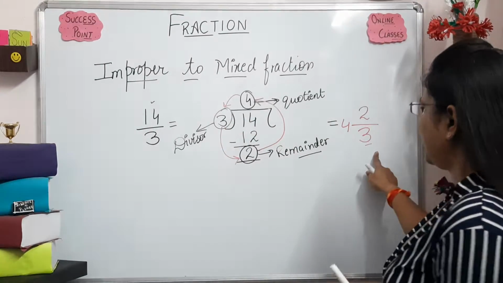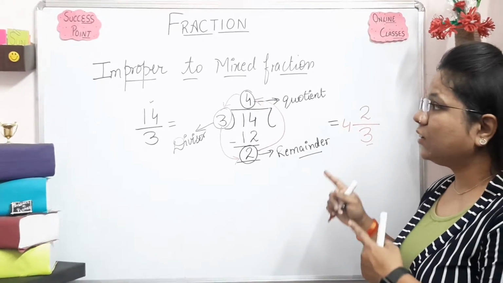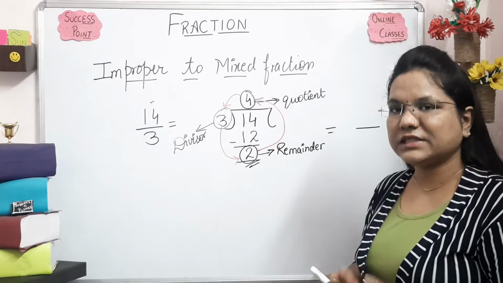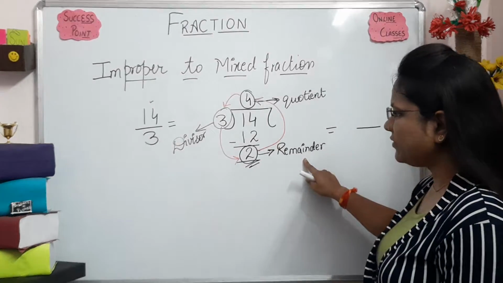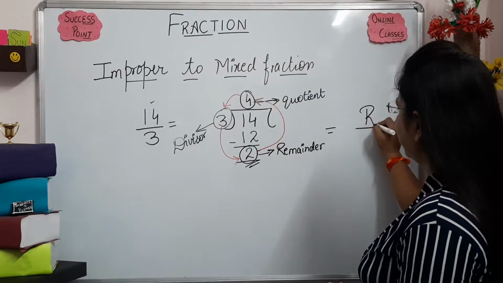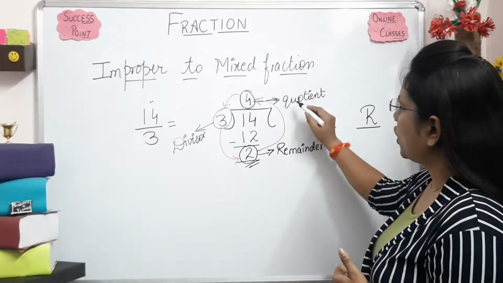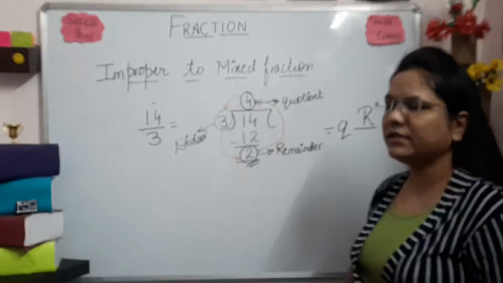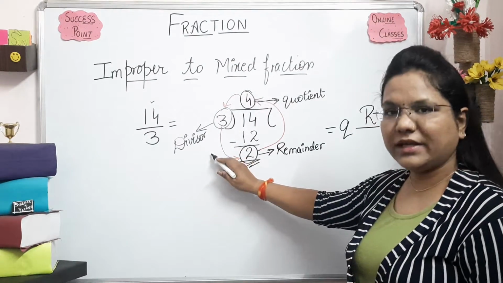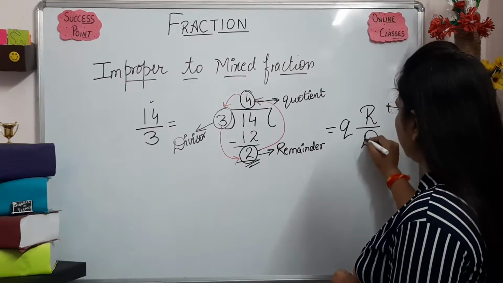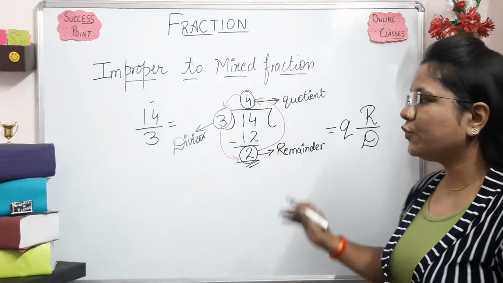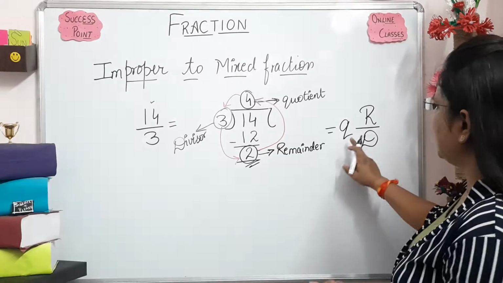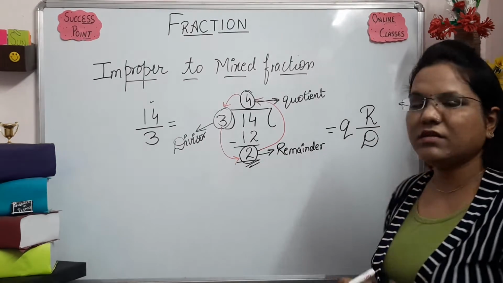This is our mixed fraction. In general form, the remainder comes at the top, the quotient at the side, and the divisor at the bottom. So this is the way to represent an improper fraction as a mixed fraction: quotient, remainder by divisor.